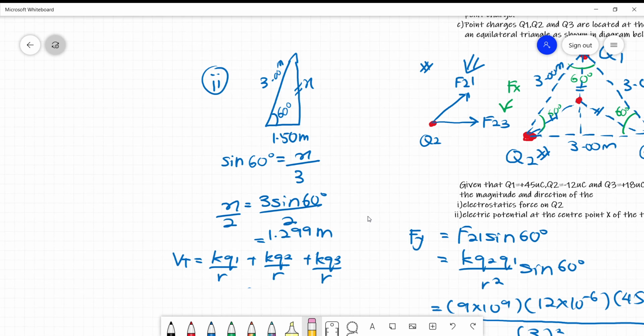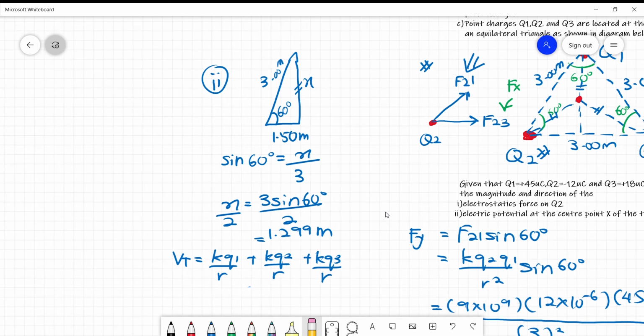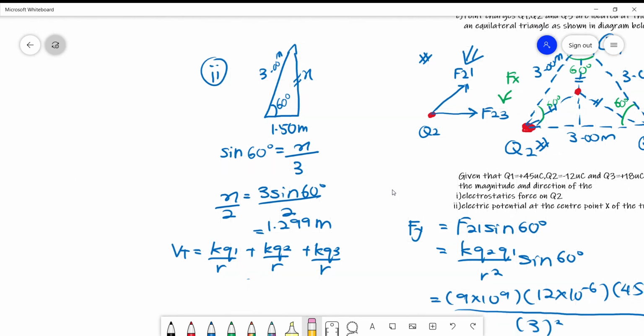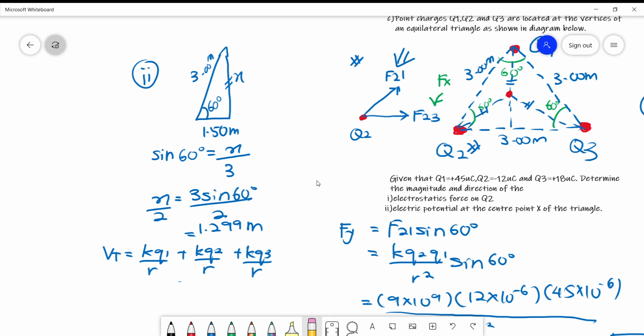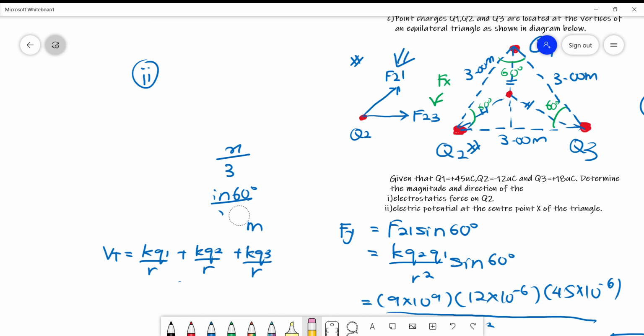So the distance here is the problem, and we need to find out where it is. This is actually a math problem-solving exercise.